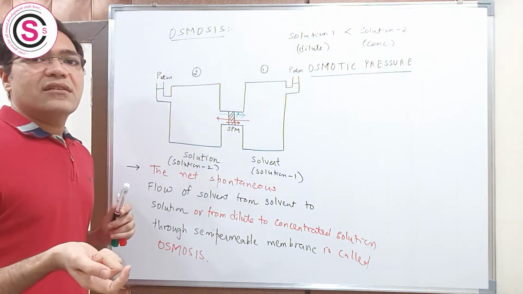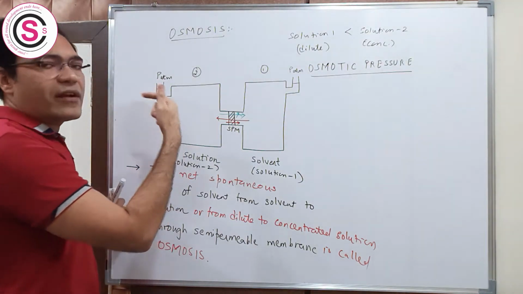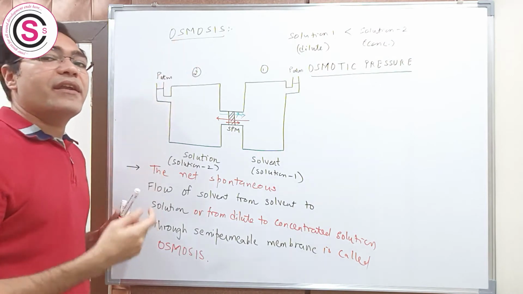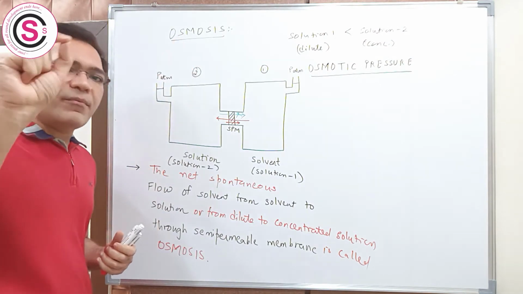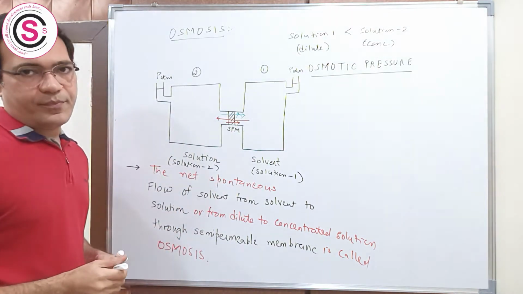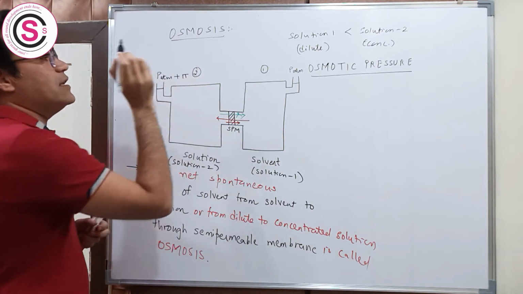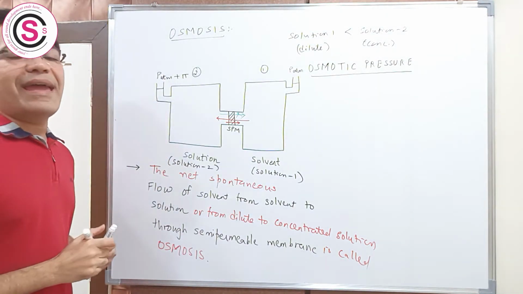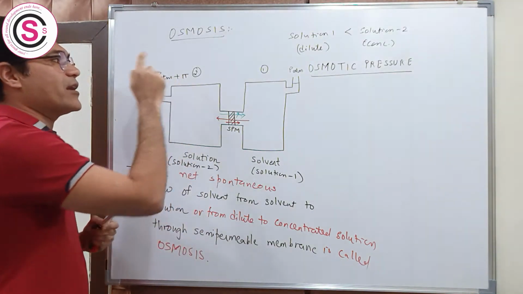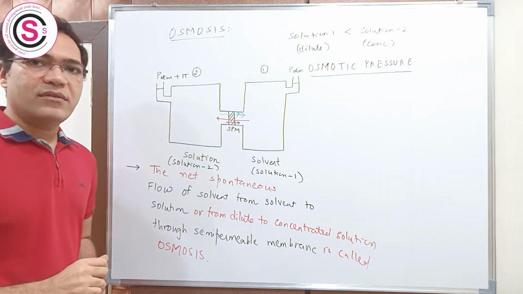As a result, the pressure will also rise, right? So slowly the pressure will rise, and then it will reach one particular value at which the process of osmosis will stop, right? So suppose when it reaches the extra pressure of pi atmosphere, the process of osmosis is stopped, right?